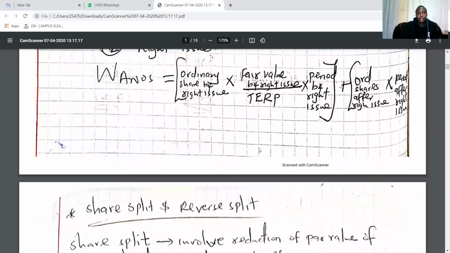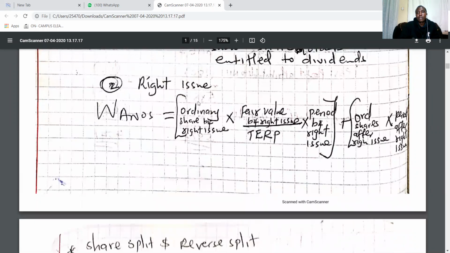So this is the formula which is applicable when there's an aspect of rights issue and you want to determine the denominator. So it will be the ordinary shares before the rights issue, you multiply by the fair value before the rights issue, you divide by the theoretical ex-rights price, you multiply by the period before the rights issue.